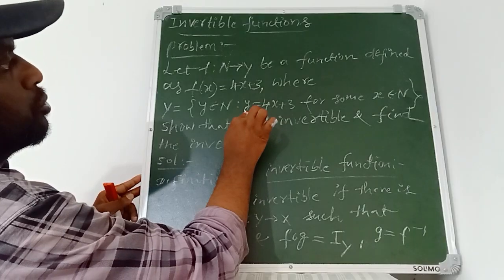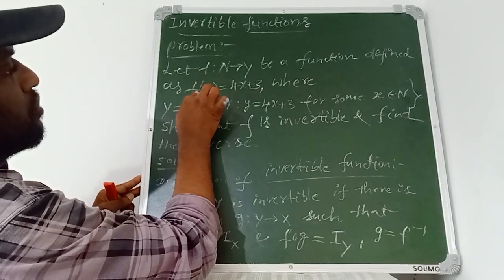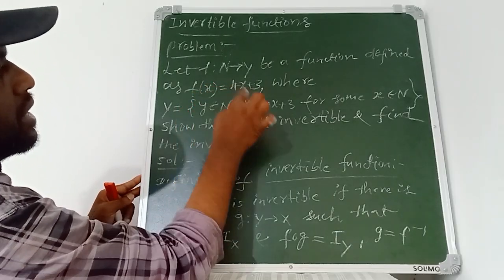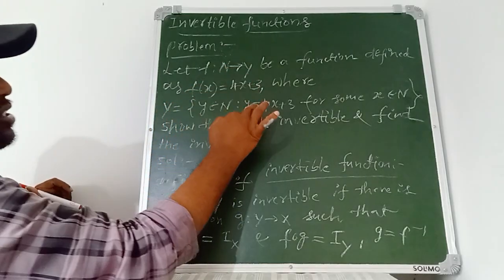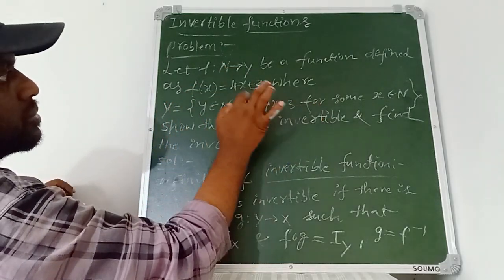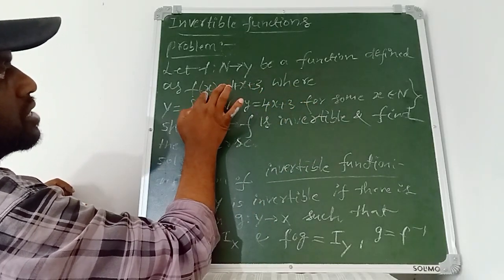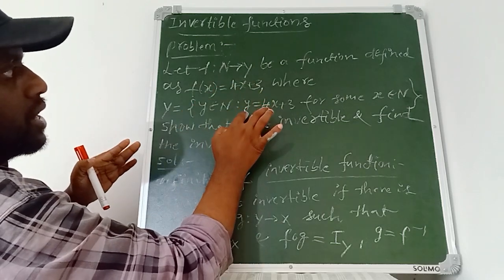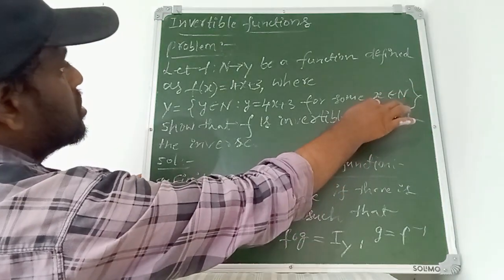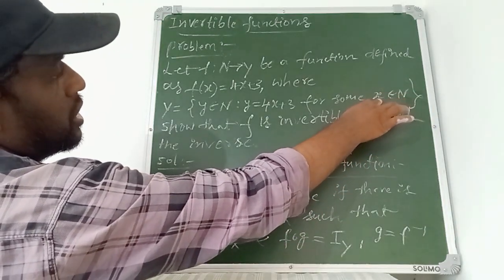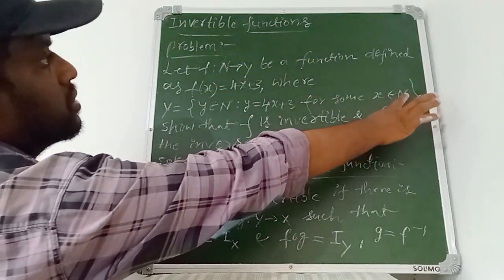And that output value will be 4x plus 3. y is equal to f of x, so f of x can be written as y also. So y is equal to 4x plus 3, for some x belonging to N, where x is the input that belongs to N. As I said, N means natural numbers.